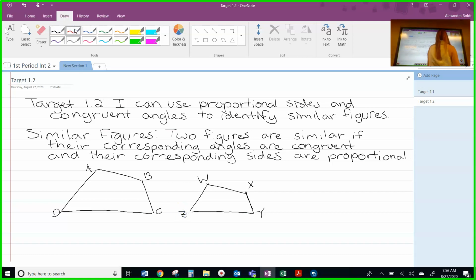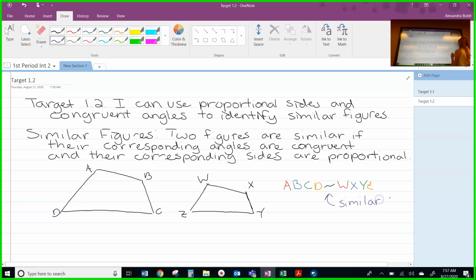And I am saying that figure A, B, C, D is similar to W, X, Y, Z. Again, this one little squiggle means similar to.